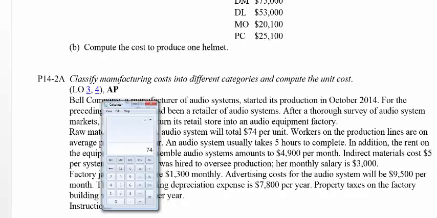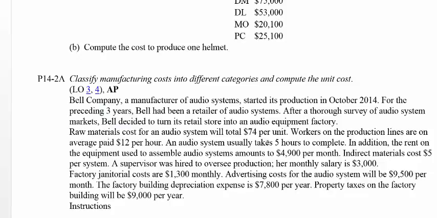$74 per unit times 1,500 units means our direct materials is going to be a total of $111,000. Next, they tell us that the workers on the production lines are on average paid $12 per hour.